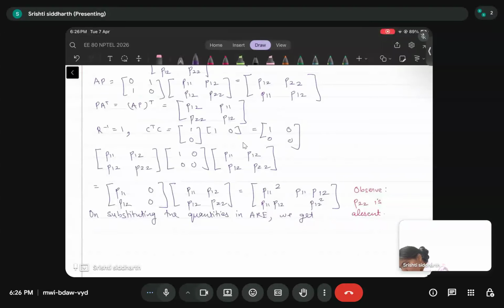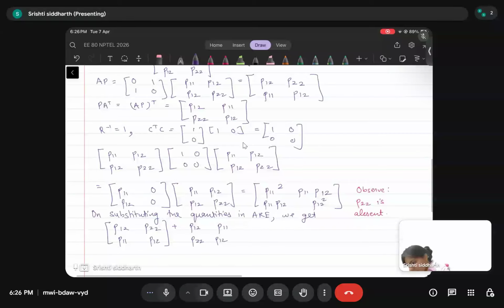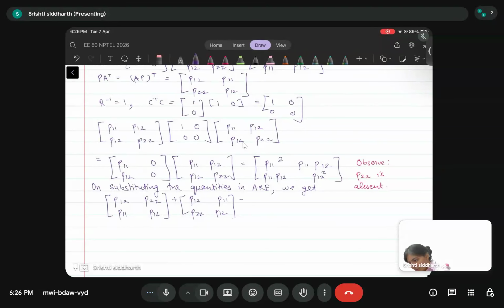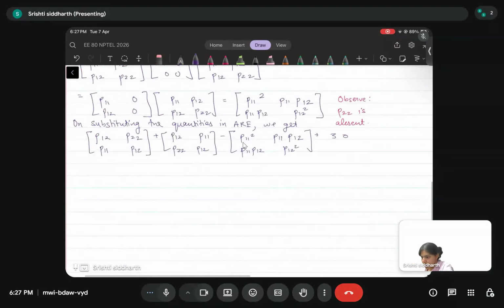So we have AP, this is P12, P22, plus PA transpose, then minus P11 square. Then we have plus Q, which is 3, 0, 0, 0.